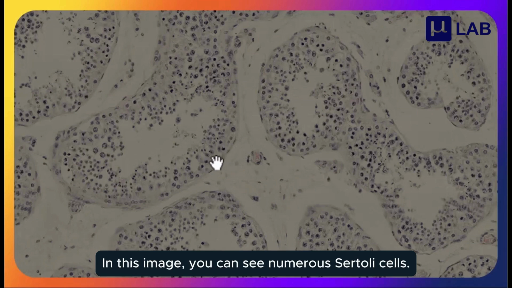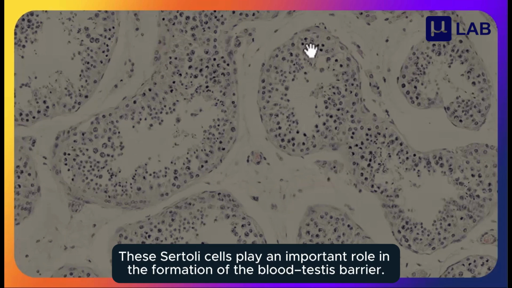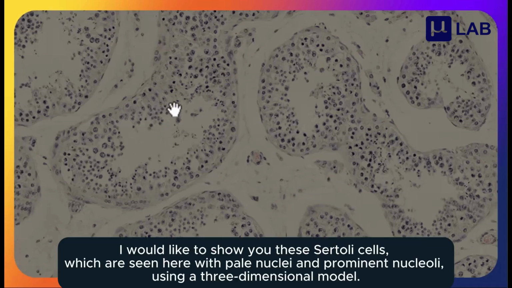In this image, you can see numerous Sertoli cells. These Sertoli cells play an important role in the formation of the blood-testis barrier. I would like to show you these Sertoli cells, which are seen here with pale nuclei and prominent nucleoli, using a three-dimensional model.